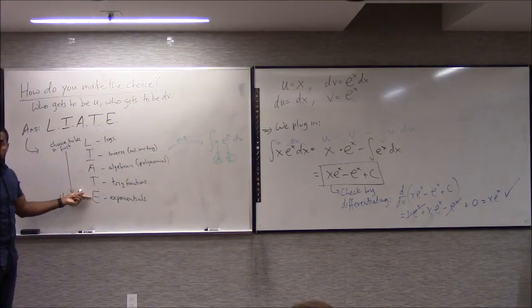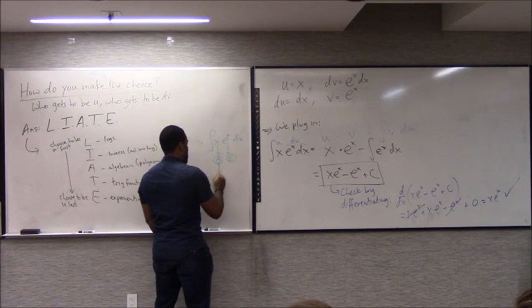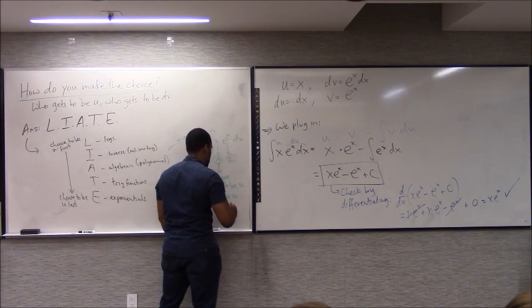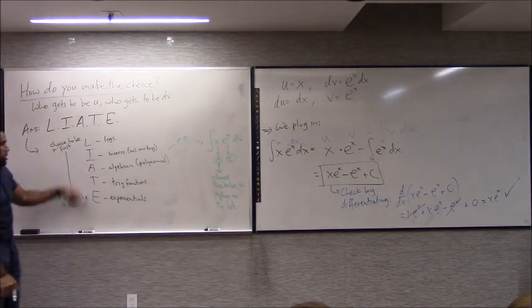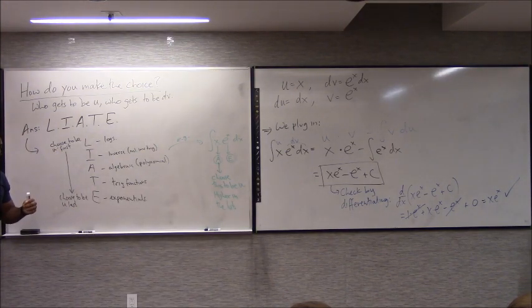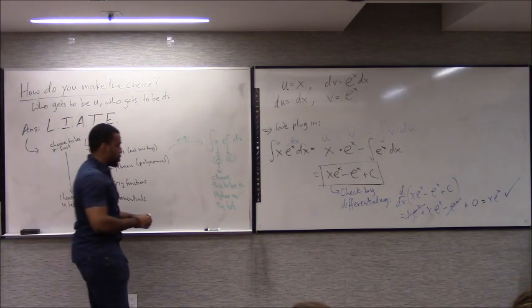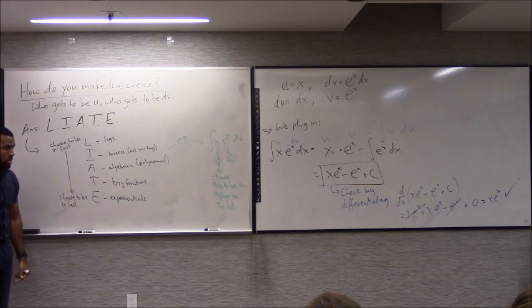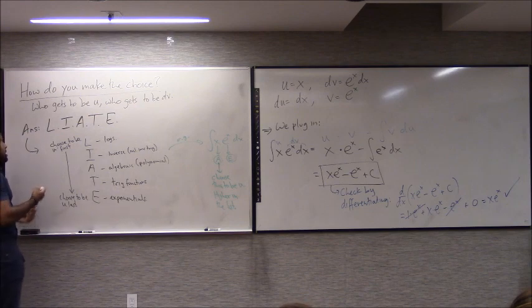A is higher in the list than E, so you choose this to be U. Following this list, you always end up in a situation where the right side is, at least in theory, easier to do than the left side. So you're not going to make the right side more complicated. Not that you'll always be able to solve it, but you'll have a better chance of solving it by following this. So it's called Liate, and that's how you make the choice.